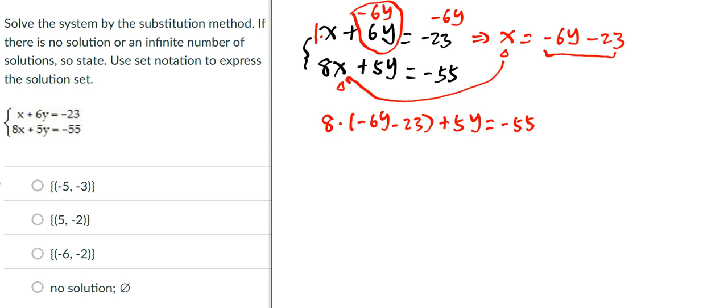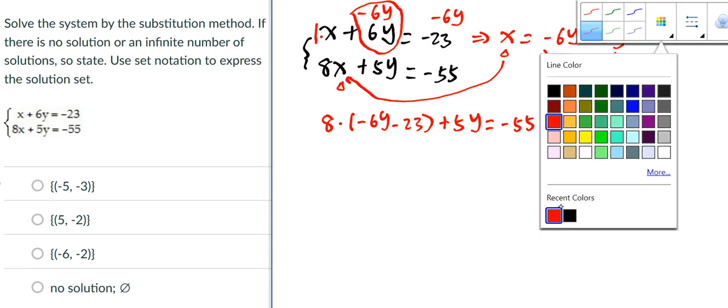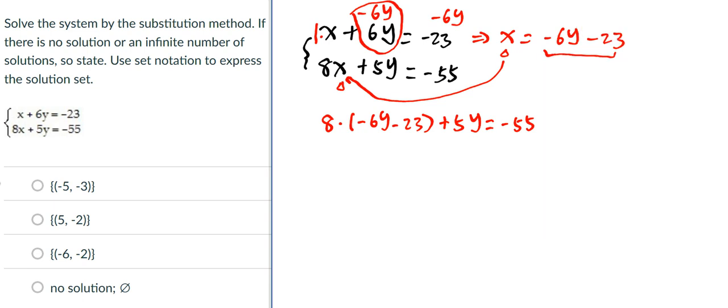And then we can do the distributive property by multiplying 8 to this one here and to this one here. So 8 times -6y is -48y. And 23 times 8.